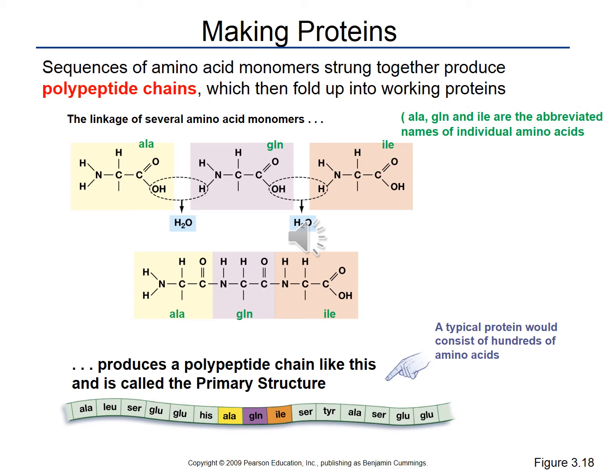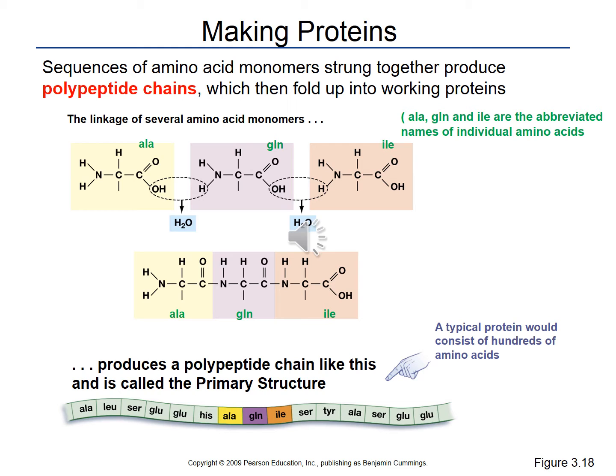So a protein can consist of hundreds, if not thousands, of individual amino acids. This is its primary structure. Just the amino acids in sequence. That is the primary structure.